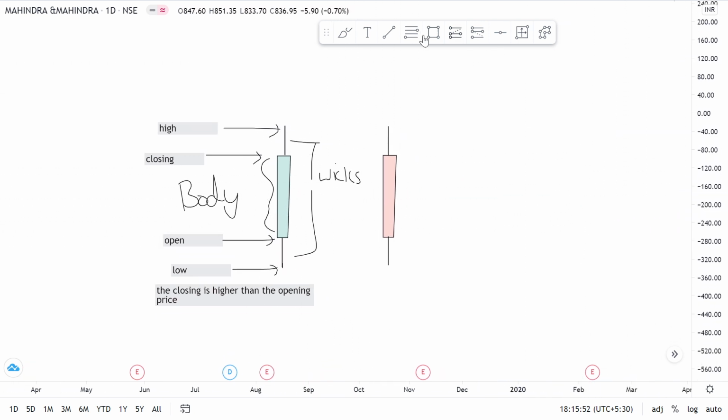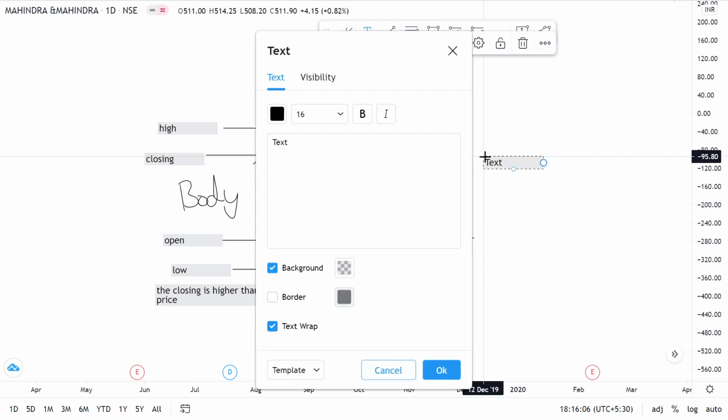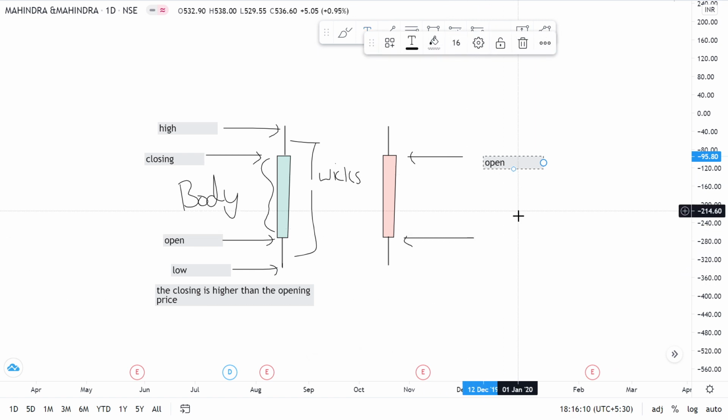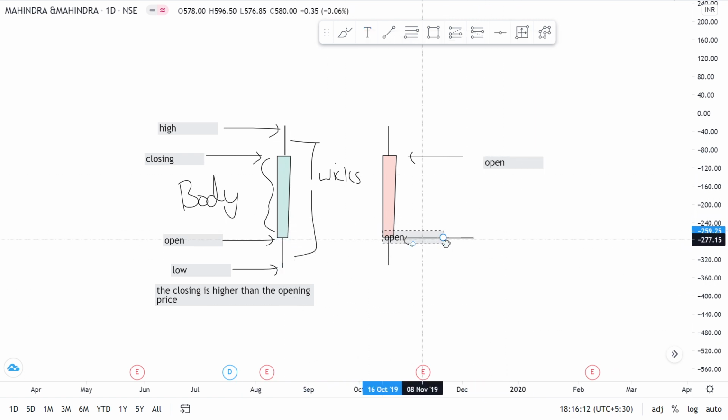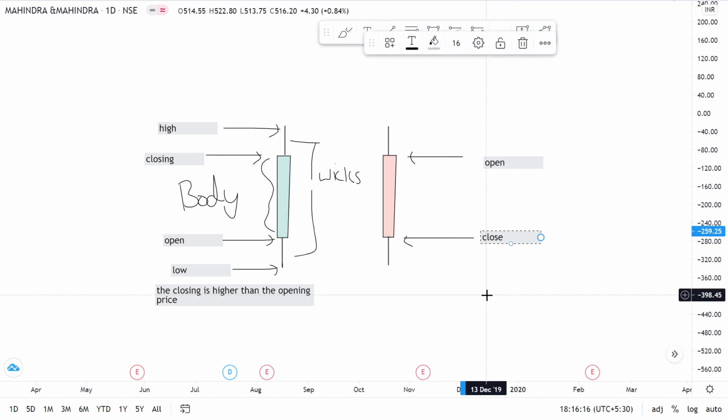Now it's a very similar thing for red candles as well. You have these prices and the wicks as usual. The wicks all represent the highs and lows as usual, but for a red candle, the higher point of the body is the opening price, and the lower point of the body is the closing price.